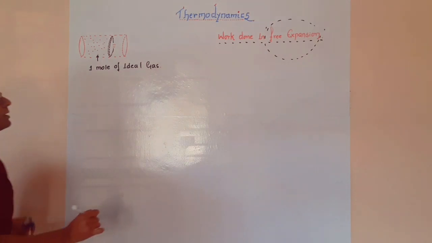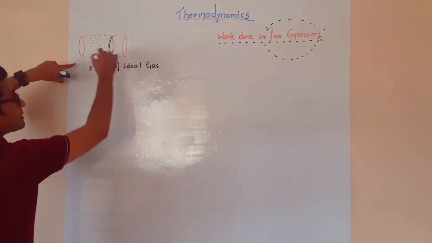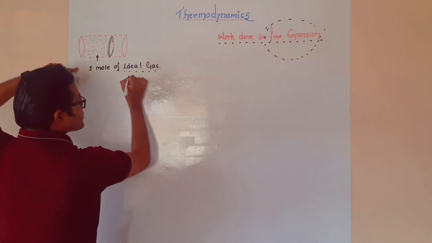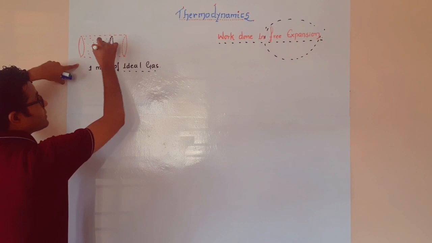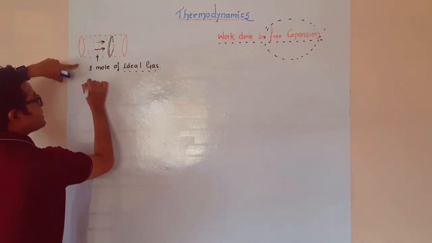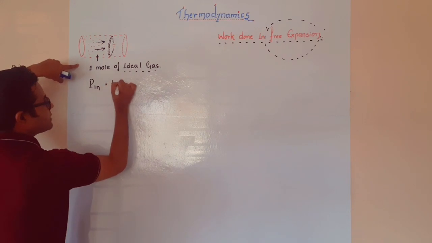Now the second consideration that we have to note is that this 1 mole of ideal gas is going to have some amount of pressure from the inside. Let us say that that is P internal, that is nothing more than the internal pressure.